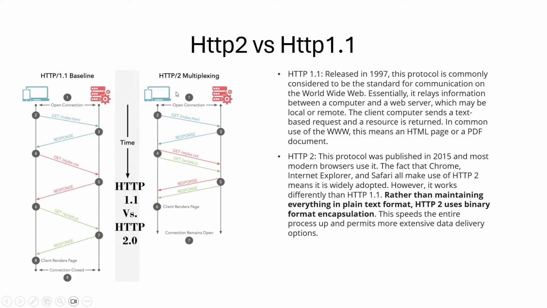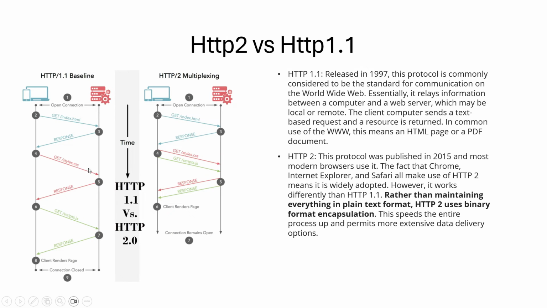Whereas in HTTP2 we have multiplexing. Rather than maintaining everything in plain text format, HTTP2 uses binary format encapsulation, which makes it lightweight in transmission, and the HTTP2 frames, the header and the body frames, speed up the entire process, permitting more efficient data delivery options.